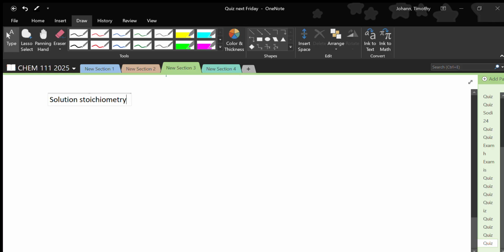For solution stoichiometry, when we've been doing stoichiometry before, we've had various things we can do, but our most common path is grams of A to moles of A, to moles of B, to grams of B. That's our usual thing. But remember, we've also had other things.